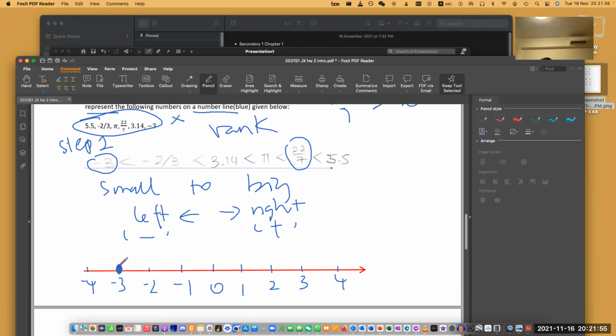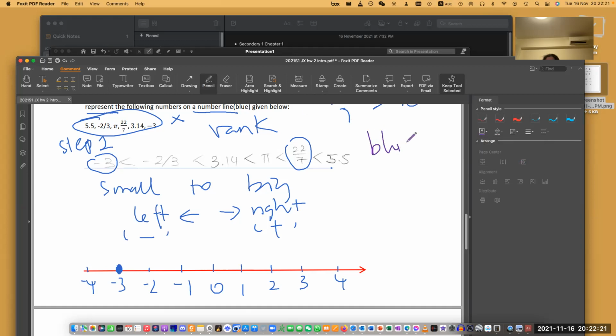In fact, I think you should use different colors to show your working. So I'm not going to use blue. I'm going to use another color so that it's different from this number line. I'll choose purple. Of course, you cannot choose purple during your exam. I think during your exam, you can only use blue and black, right?